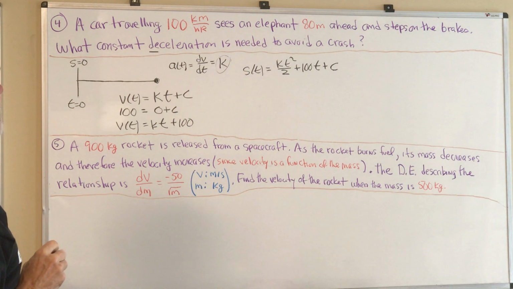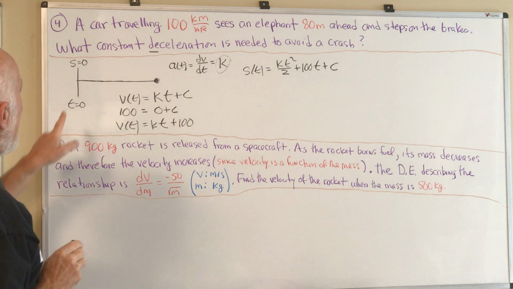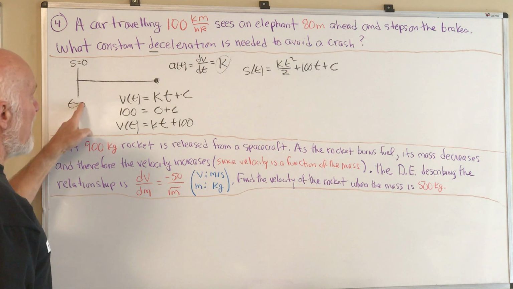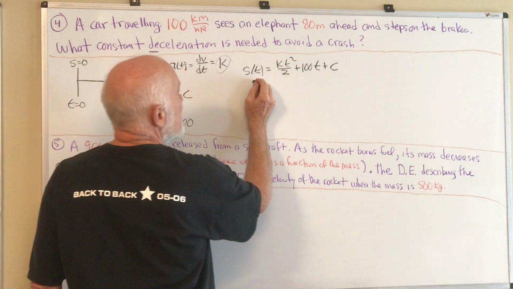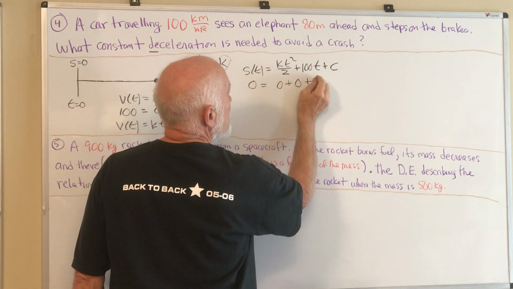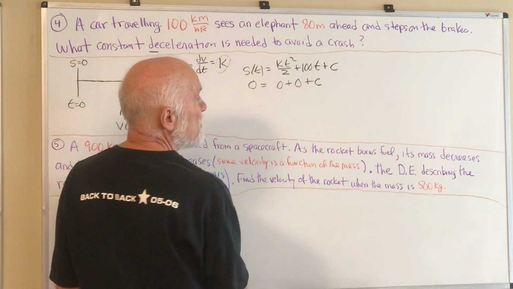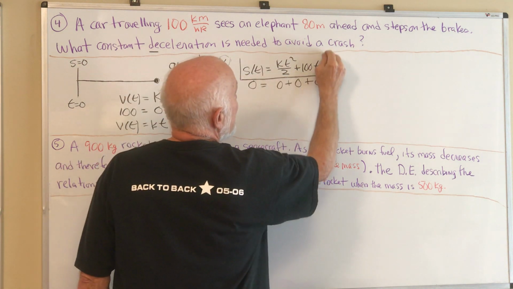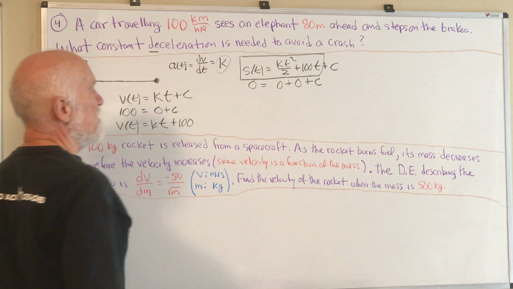And what do we know about the position? We know at time 0, the position is 0. That's what we're calling this. So if we put 0 equals, and we put 0 in for t, we find out that c is just equal to 0. So we've really got a position equation.